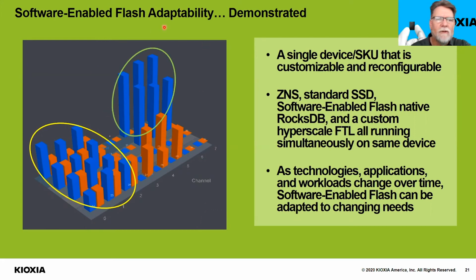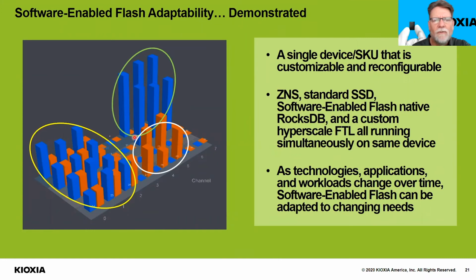In the back corner, we had a different virtual device that spanned channels 5, 6, and 7, and banks 2 and 3 that was doing a read-dominated workload running a custom hyperscale FTL from one of the hyperscalers.